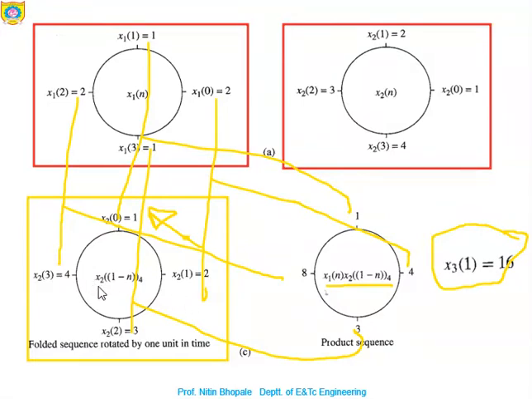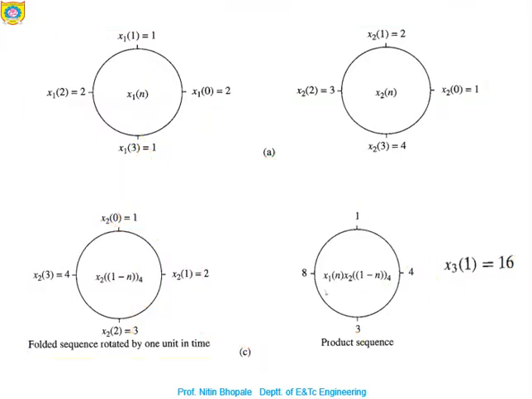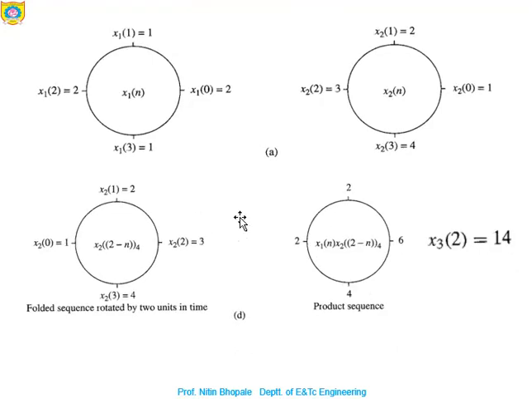Now when we want to find out, let's say, x2 of 2 minus n, whatever the right now existing circle is with us, delayed by 1, or x2 of minus n delayed by 2, both will be valid. Now let's see for x2 of 2 minus n, what is this value? So x2 of 0 will be shifted here, then the rest of the sequences will follow it in anti-clockwise sense.